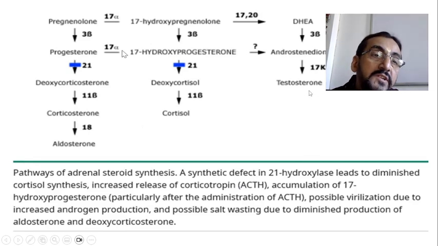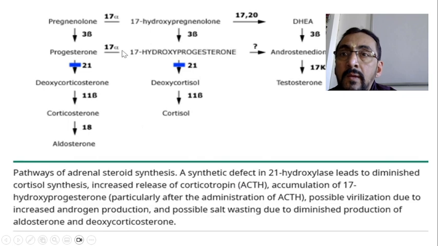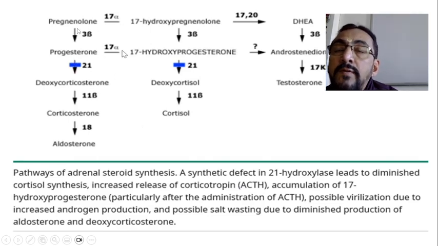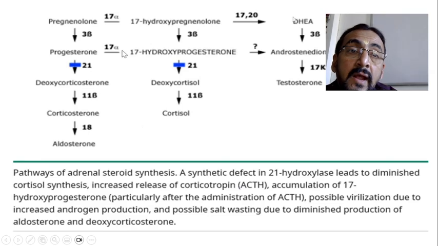So this is how testosterone and estradiol are formed from pregnenolone and progesterone. The first two materials coming in this cycle are pregnenolone and progesterone. Both are acted upon by the enzyme 17-alpha hydroxylase, which converts them into the next phase, and ultimately at the end there is formation of testosterone and estradiol.